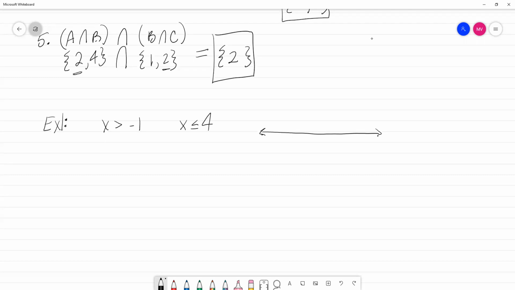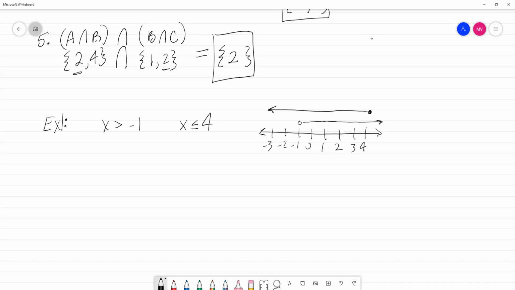So in example 1, let me make my numbers here: -1, 0, 1, 2, 3, 4. We have x is greater than -1. That means it's an open circle at -1, and any number greater than. And then we also have x is less than or equal to 4, so that's a closed circle, and any number less than.